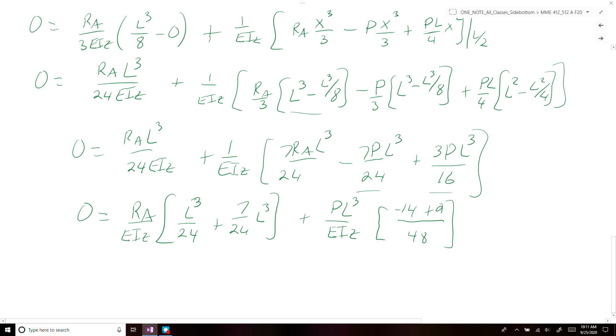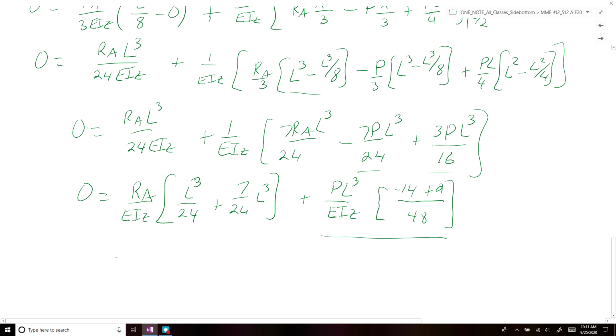So what we can do now is move this term to the other side of the equation. And what we'll end up getting is RA times the length cubed over 24 EI is going to be equal to PL cubed over EI times 5 over 48. Okay.